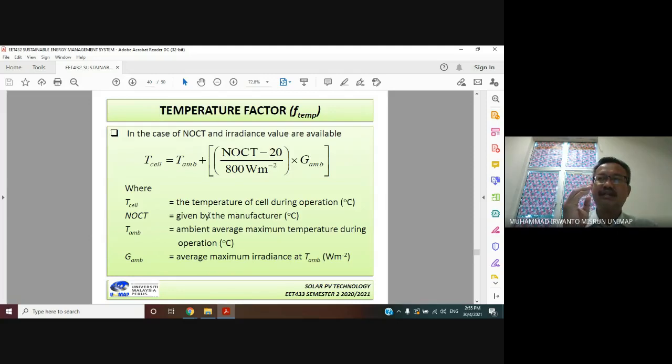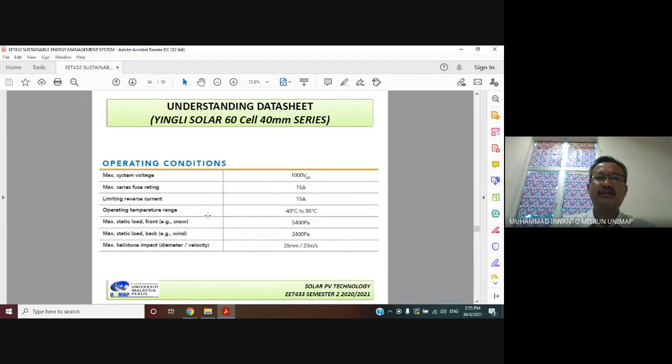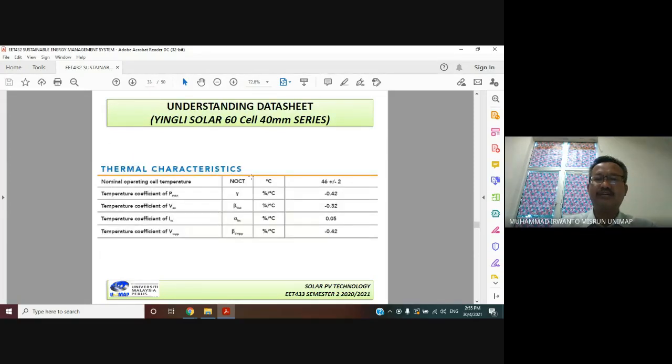the temperature that is given from the data sheet for NOCT. For example, this one, the NOCT temperature is 46, plus minus 2. We can take 46 degrees Celsius.